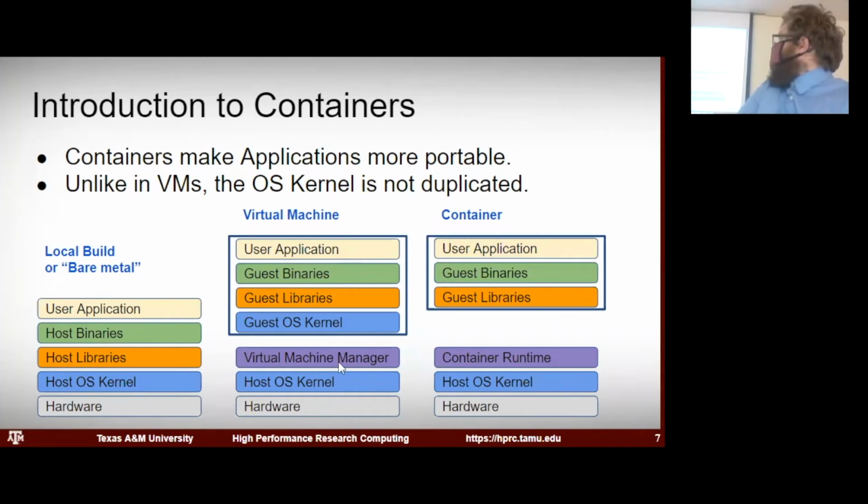And then the host machine has a virtual machine manager that translates between the real operating system on the machine and your virtual operating system. So virtual machines make a lot of things possible that would not otherwise be possible, but they're really clunky because now you have two copies of an entire operating system on disk, and that's a big overhead, especially if you have to have a lot of copies of a virtual machine running. That's a lot of copies of an operating system.